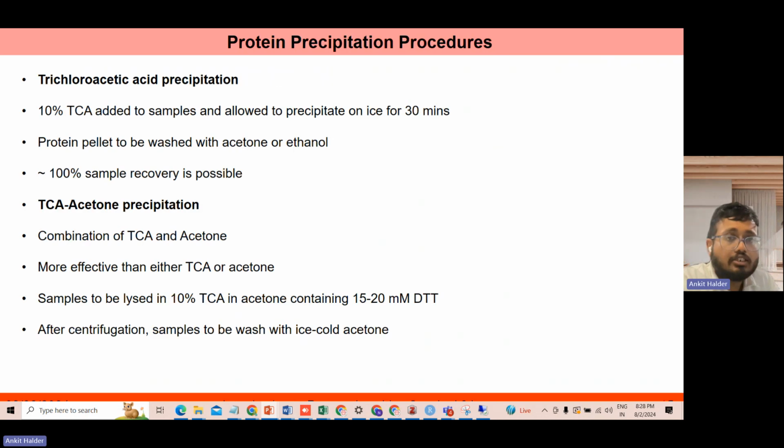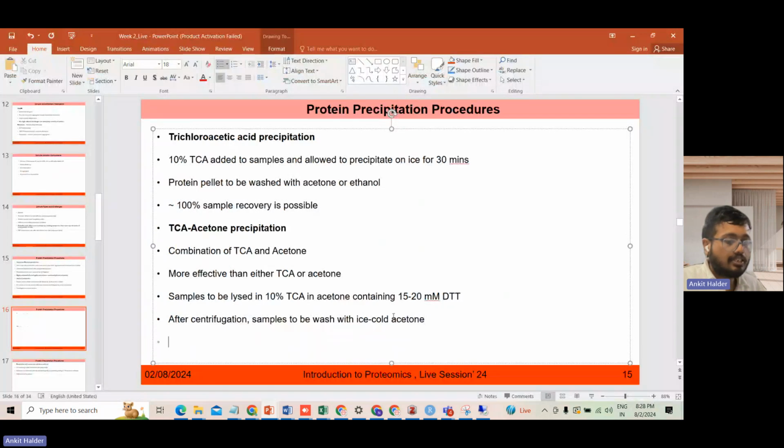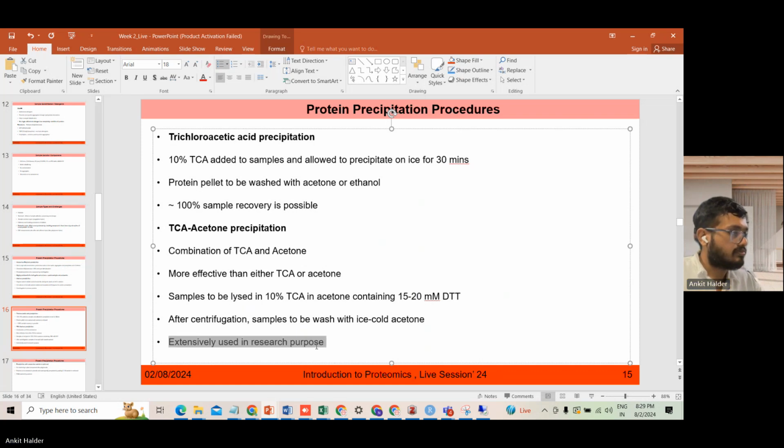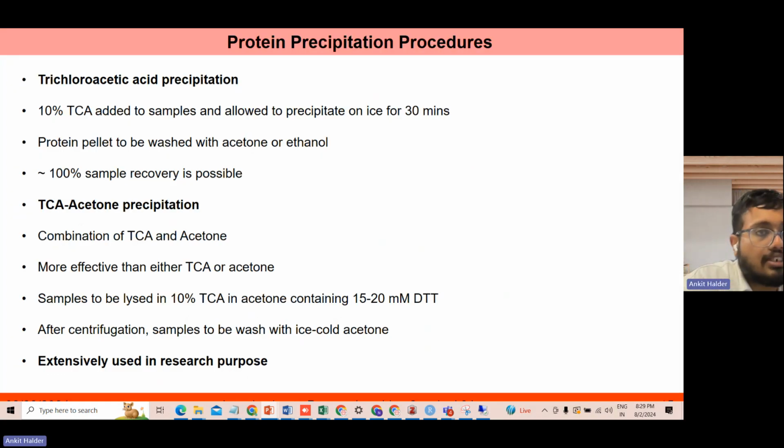TCA acetone is one of the protocols that are extensively used in research to precipitate out proteins using trichloroacetic acid and acetone. It is 10% TCA in acetone containing 15 to 20 millimolar DTT, and then the samples are washed with ice cold acetone so that all the contaminants are also removed.